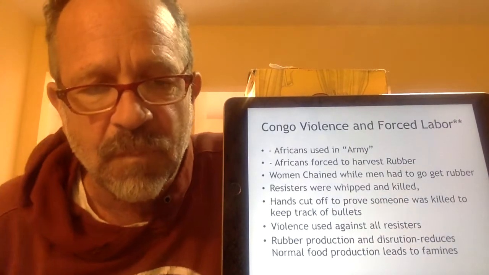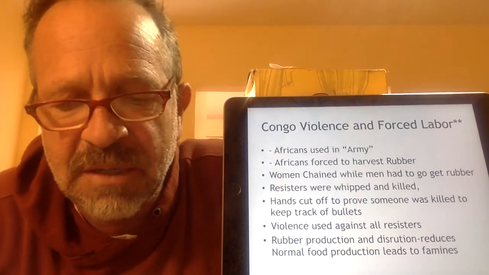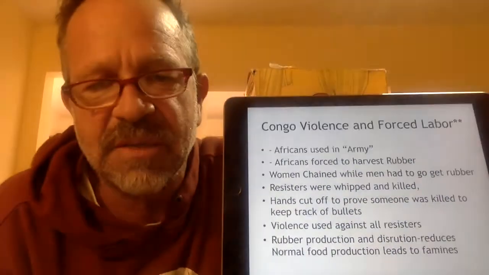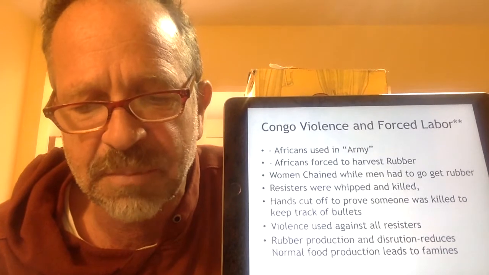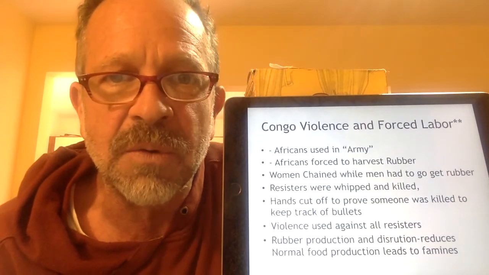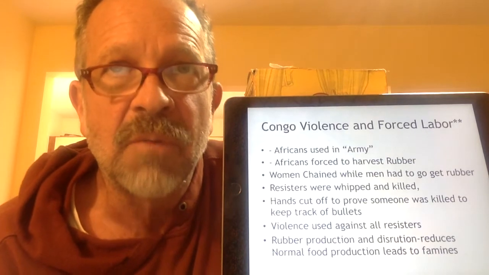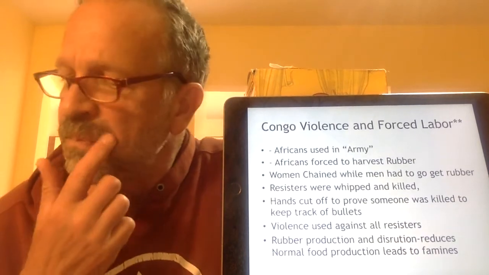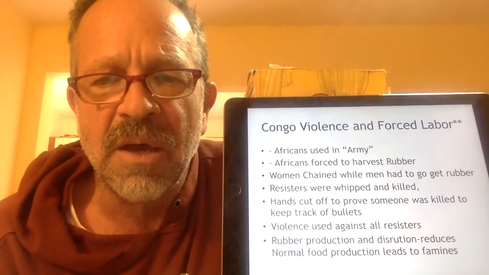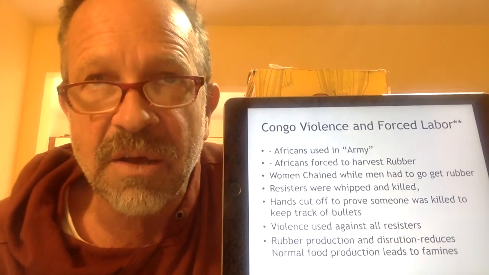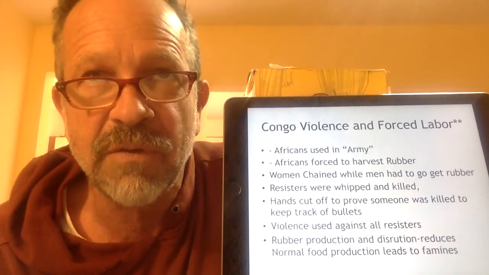So, King Leopold in the late 1800s. This slide doesn't really do the topic justice, but you'll recall he turned the Belgian Congo into a forced labor colony where he would use his troops, the Force Publique, to force other Africans to harvest rubber.